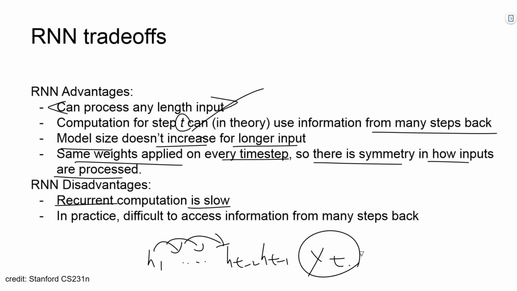Therefore, the recurrent computation is slow. And another thing is, in practice, it is difficult to access information from many steps back, although it is an advantage of RNNs, in practice it is not the case. RNNs are known to be capable of processing 100 time steps. Okay, that was RNNs.